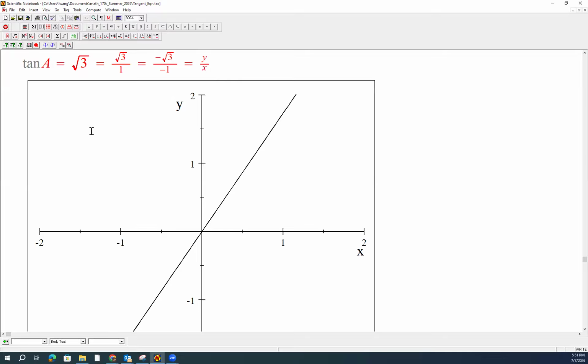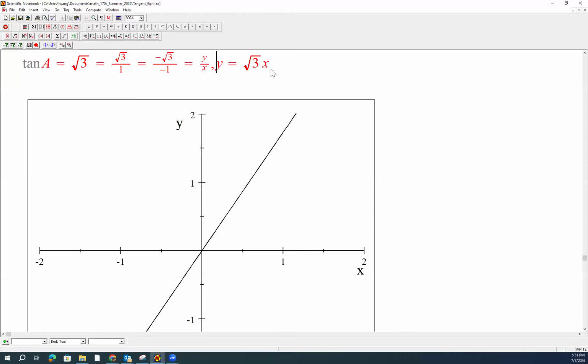You can also use the line equation thing I was just telling you, right? That will give you a line equation of y equals root 3 multiplied by x. So this is a line. Or you draw these 2 points, either way, okay?